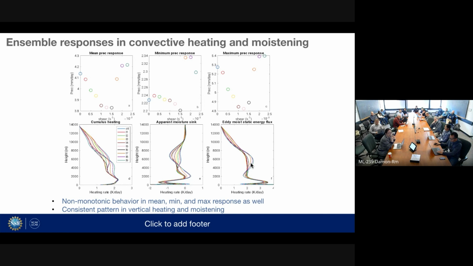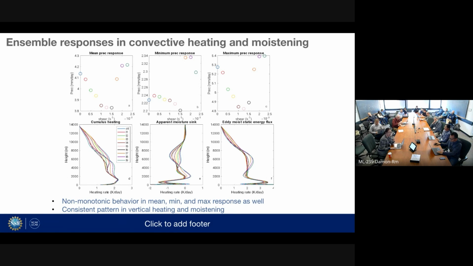So this all indicates that once we impose different vertical wind shear onto this convective system, the surface precipitation response and also the related convective heating and moistening response exhibit a non-monotonic behavior instead of a monotonic increasing or decreasing behavior. And why so?